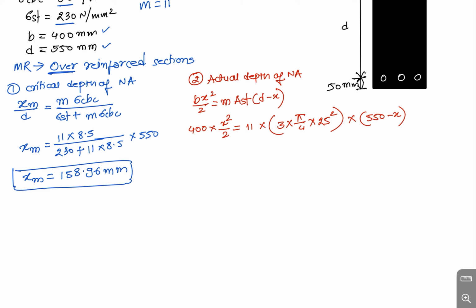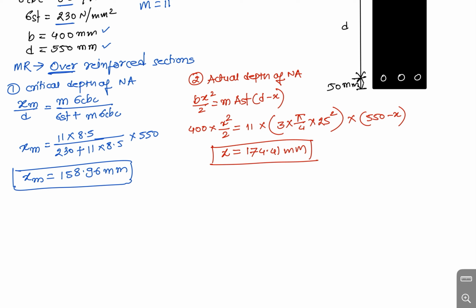If you solve this, it becomes 200 x square plus the remaining terms. If you move all these figures to one side and write everything in your calculator, you will get the x value as 174.41 mm. Now you have the actual depth of neutral axis.